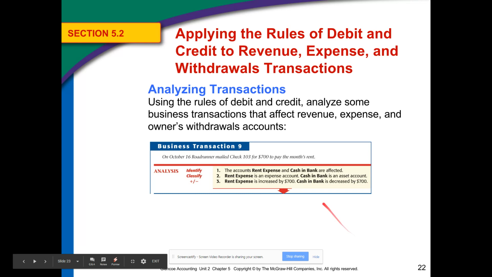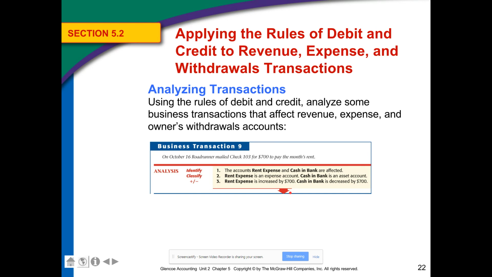Here's another one. Roadrunner mailed a check. Remember, check is the same as cash, for $700 to pay this month's rent. Well, rent is an expense account. So my accounts that I'm going to use, rent expense and cash and bank. Rent expense is an expense account. Cash and bank is an asset. So my rent expense increased by $700.